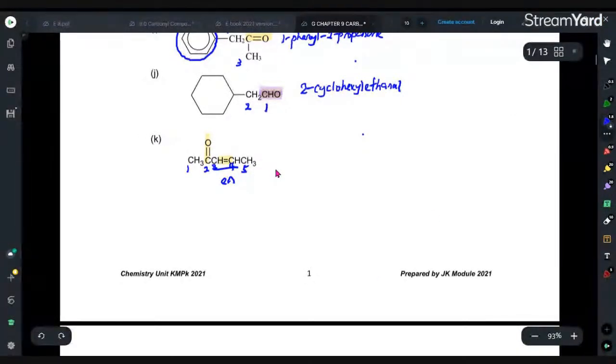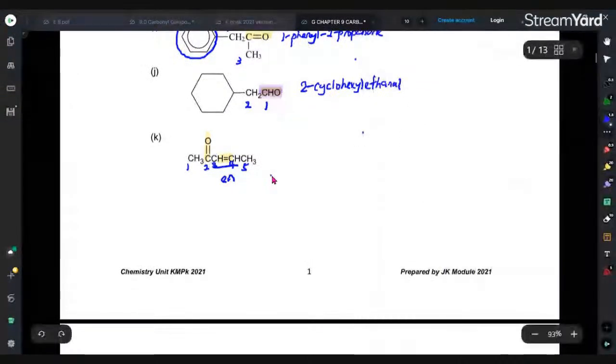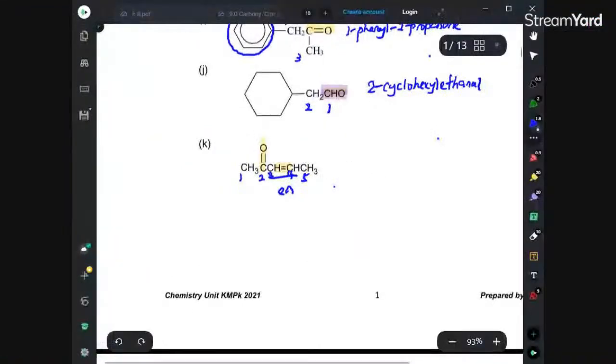So this one is 5 carbons, right? So 5 carbons is pent. But the name is quite special for this compound because it involves an alkene and a ketone. So what is the name of this compound? The name is pent, pentane, at position number 3.